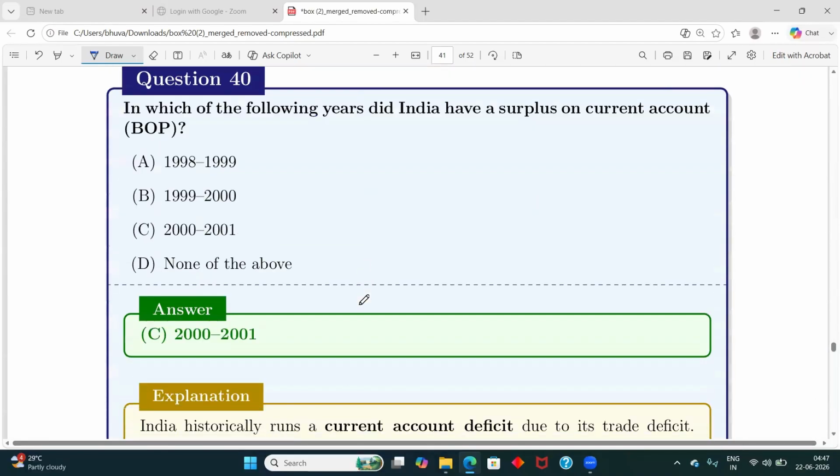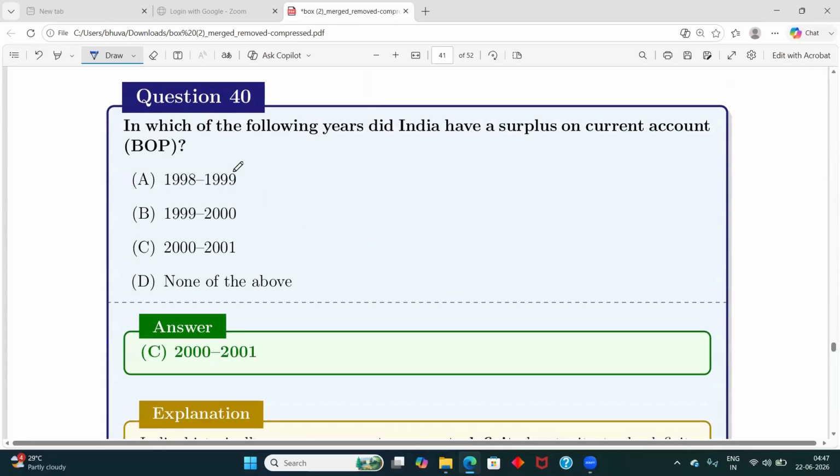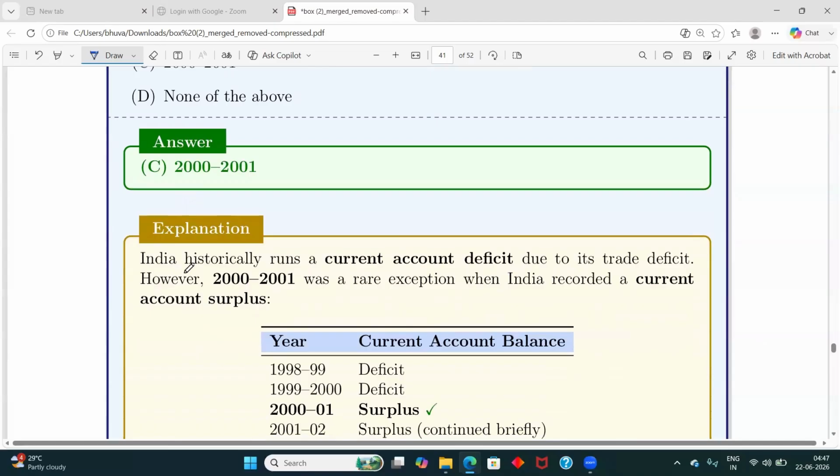Now moving to the next question. Question number 40. In which of the following years did India have a surplus on current account of the balance of payments? Option A 1998-1999, 1999 to 2000, 2000-2001, and none of the above. India historically ran a current account deficit due to its trade deficit.